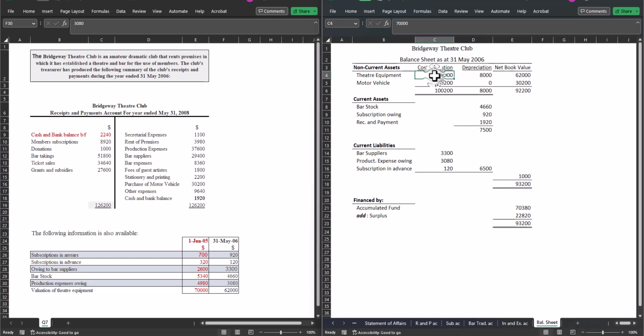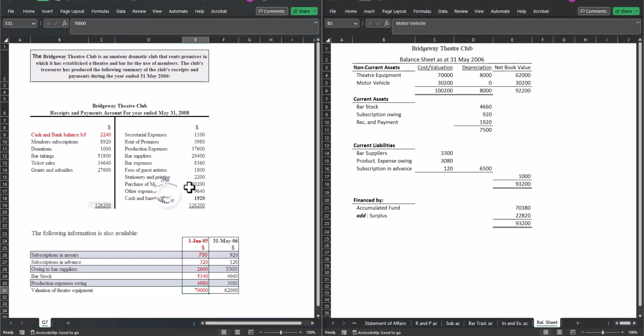Here you would see the theater equipment valued 70,000 at the start of the year. The depreciation incurred, which was deduced based on the ending value being 62,000. Now we have another fixed asset, motor vehicle.